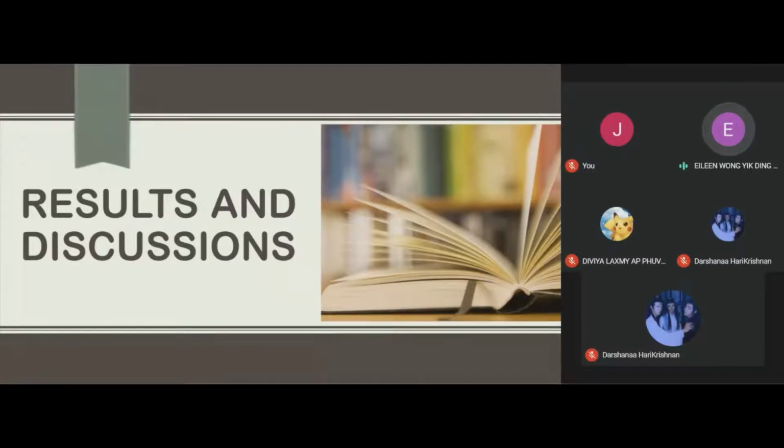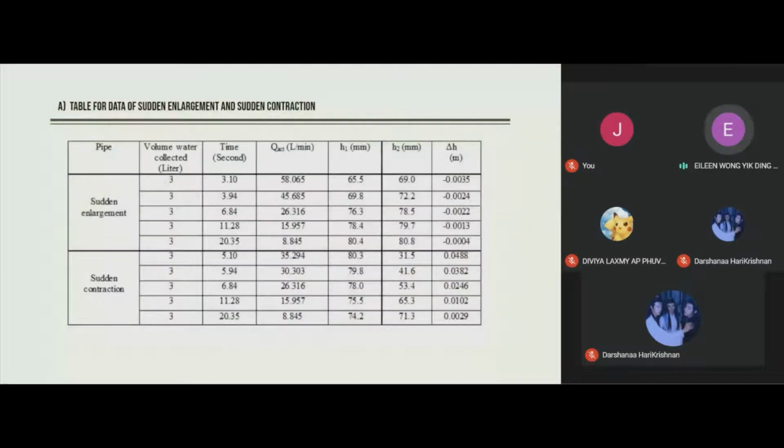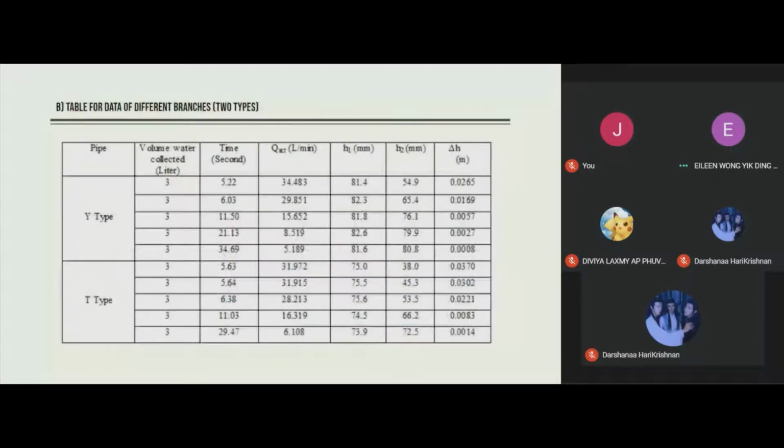Next is the results and discussion. So table 1 is the table of the result for data of sudden enlargement and sudden contractions. Next. So this one is the table of the result for the data of Y type and T type.